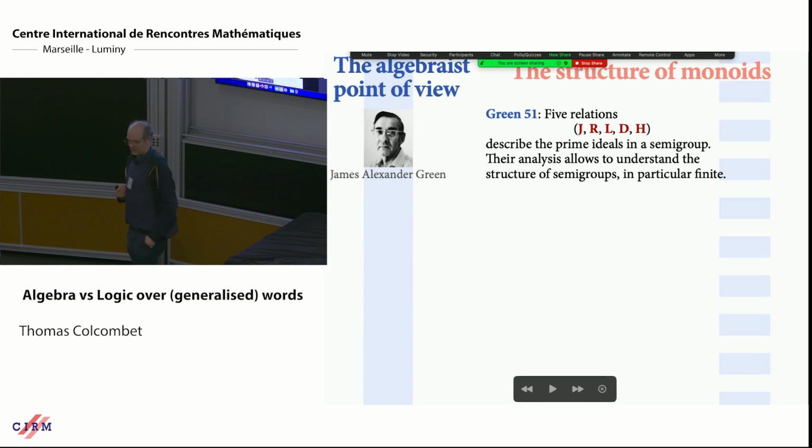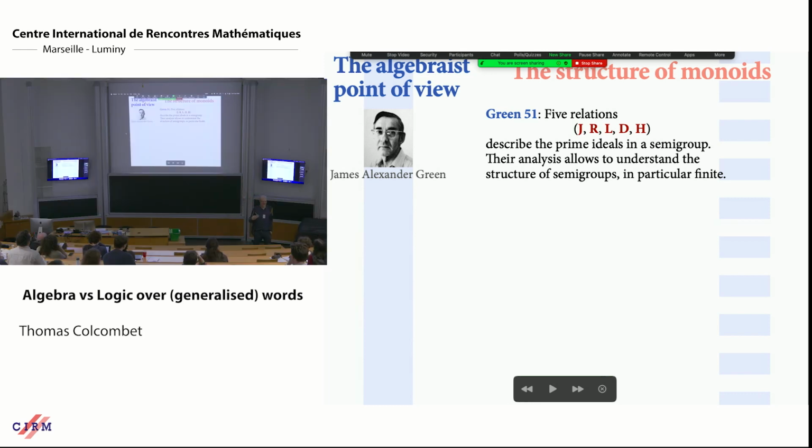And when you are doing that, the way you think about it is that you have a clear, non-trivial understanding of the structure of monoids, and in particular of finite monoids. And here, a key tool are what we call Green's relations.